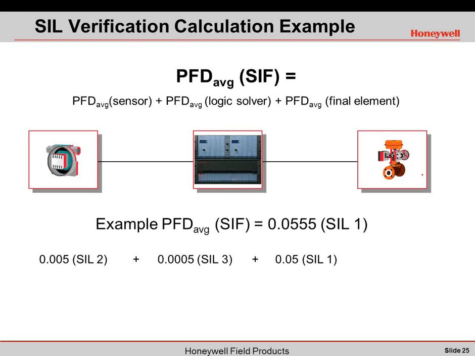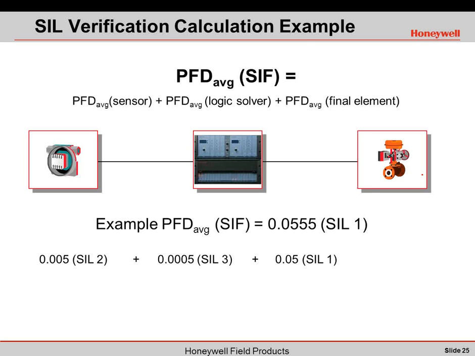So the system would be a little over 94% reliable. And since the risk reduction factor is the inverse of the probability of failure average, the risk reduction for this system happens to be a little over 18.